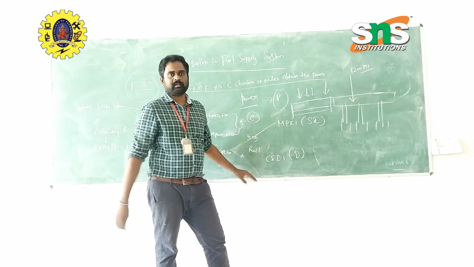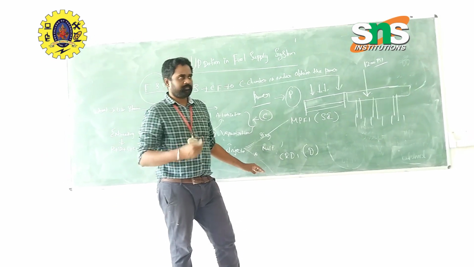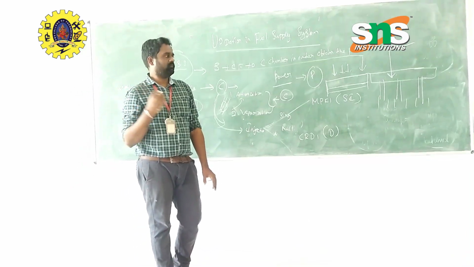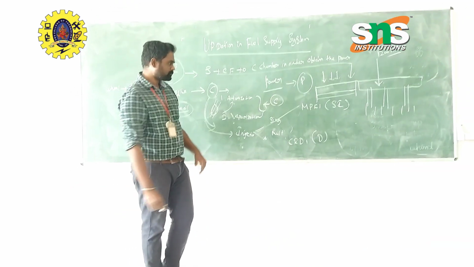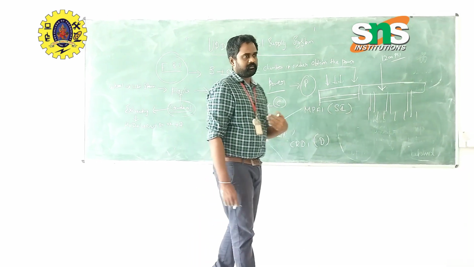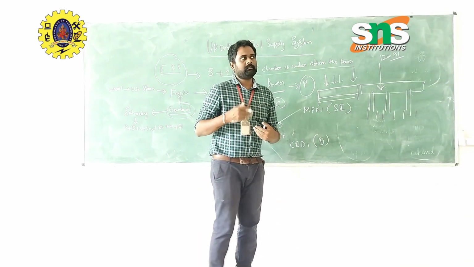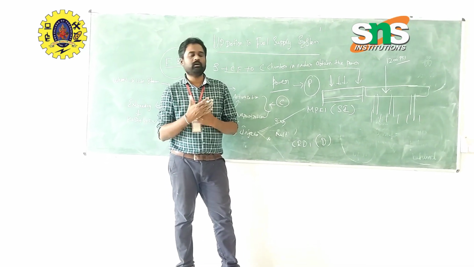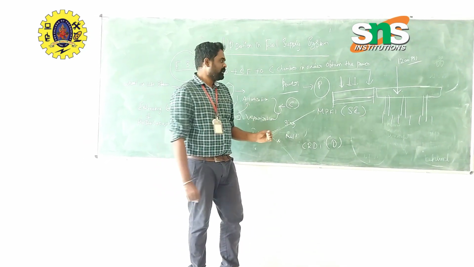This is CRDI, common rail direct injection. The diesel at heavy pressure will be injected into the combustion chamber. So when we inject at that much pressure, the fuel will get burned inside the combustion chamber completely.